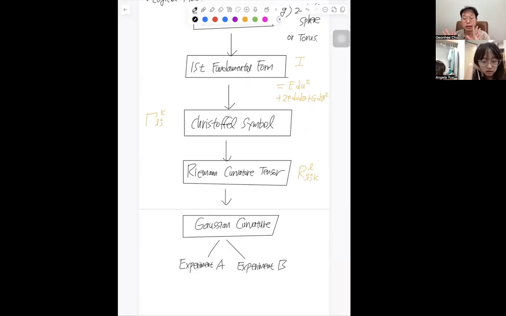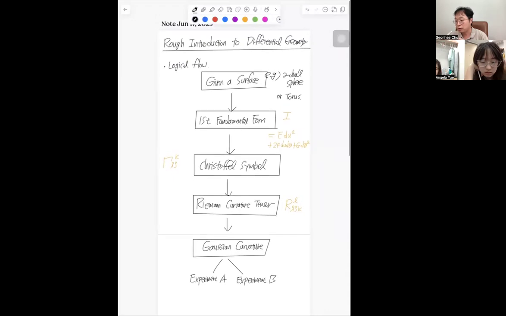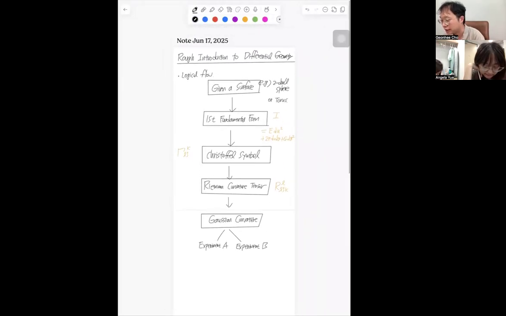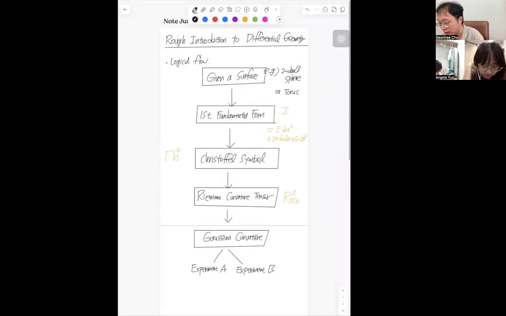So please do not get overwhelmed. I don't expect you to understand all these concepts very deeply by the end of this summer, and that's definitely okay. I just want you to gain experience computing the Gaussian curvature by following the recipe. That's it. This knowledge can be very useful for your future study, not only in this direction but in general.